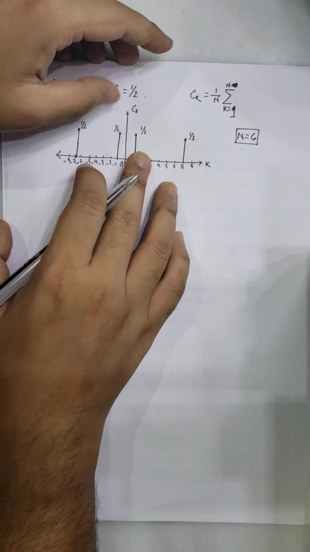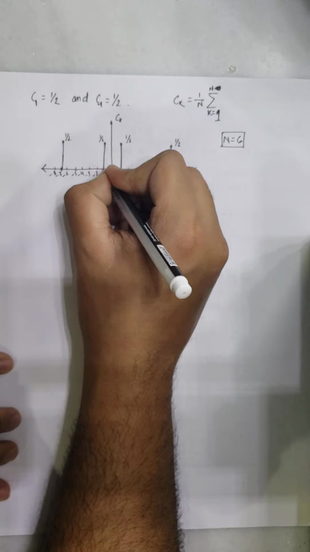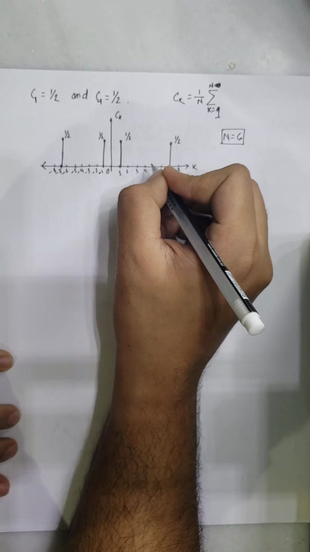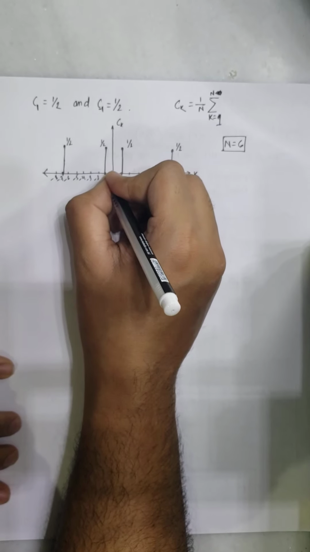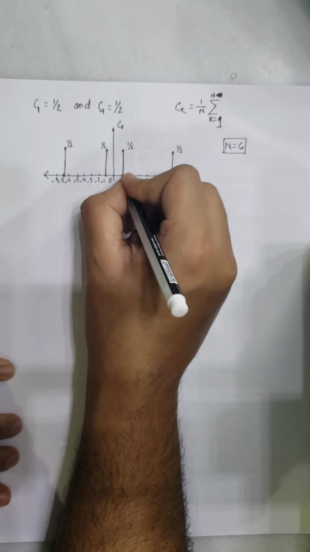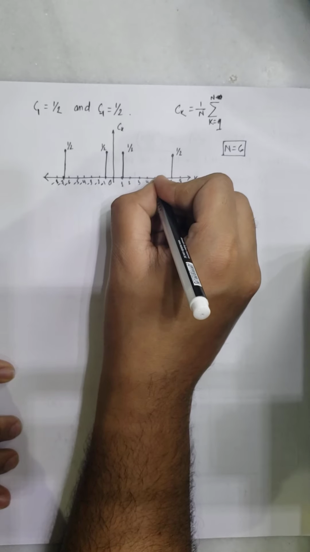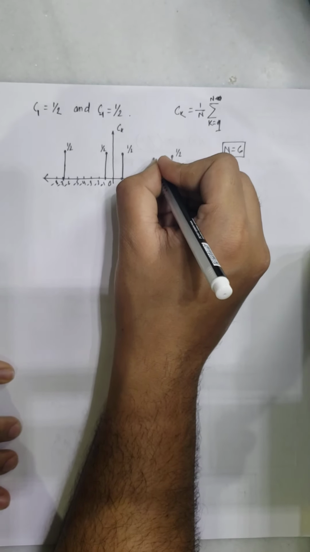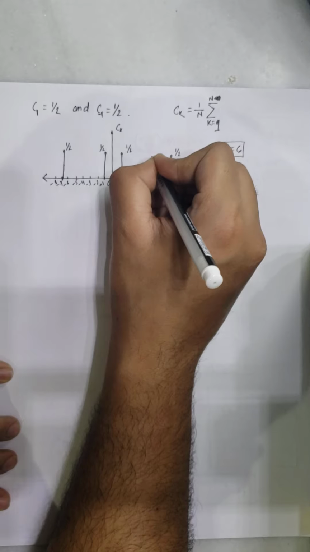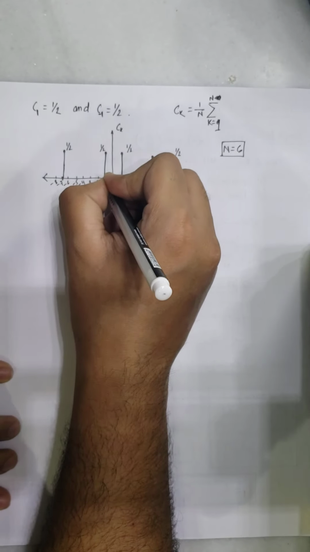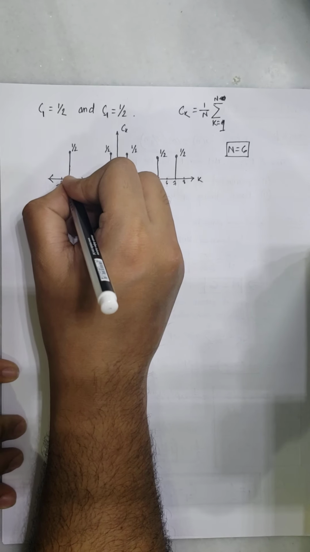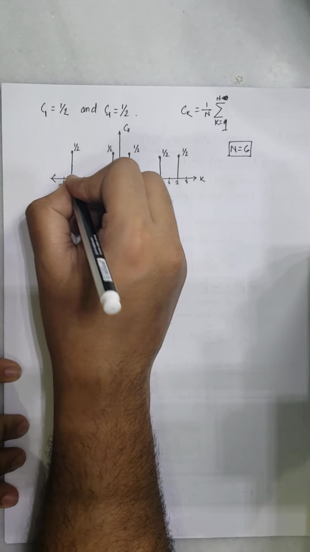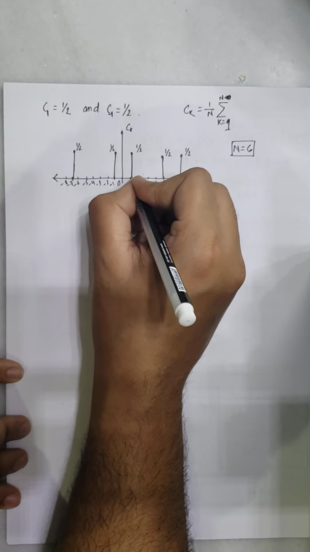Now once again, if you observe carefully, from minus 1, if we repeat the signal, that means if we go through 6 samples, that is 1, 2, 3, 4, 5, 6, here the signal will be repeated once again. For this sample, this is repeated to half, and consequently for this sample, this is repeated to half.